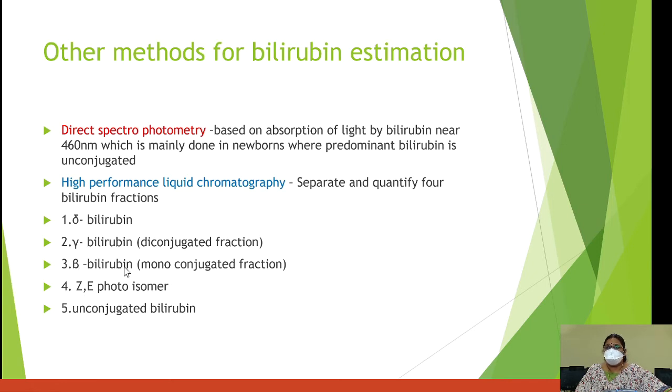Beta bilirubin, the monoconjugated fraction. Then unconjugated bilirubin, and then Z and E photoisomers of bilirubin. So these bilirubin fraction values we get by performing the high performance liquid chromatography method.